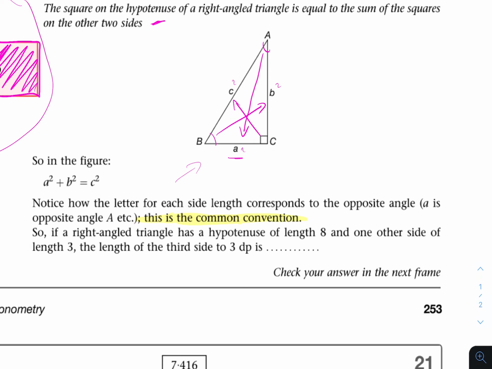So if a right angle triangle has a hypotenuse of length 8, and one other side of length 3, the length of the third side to 3 decimal places is, so let's work it out. Remember, A squared plus B squared equals C squared. Now we know that C is 8, and we know that one of the other sides is 3.